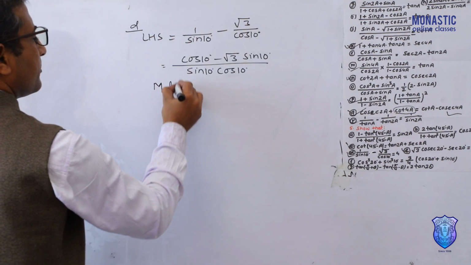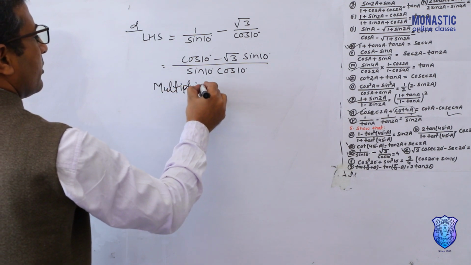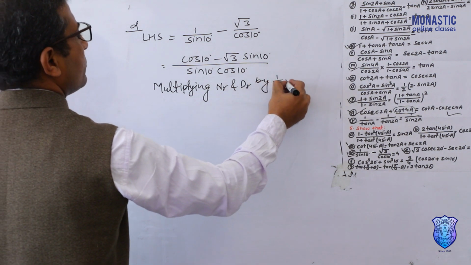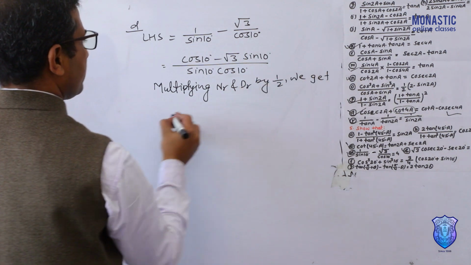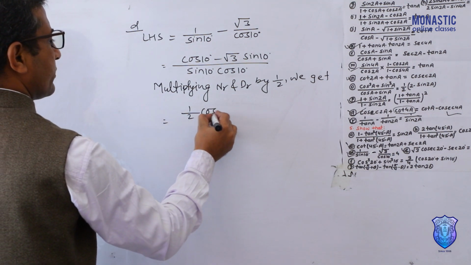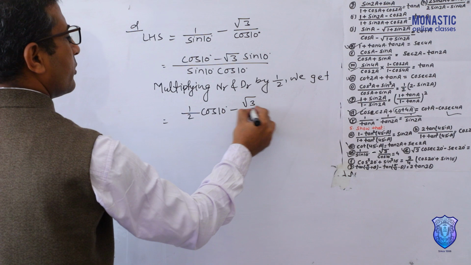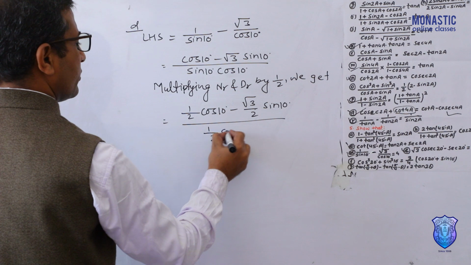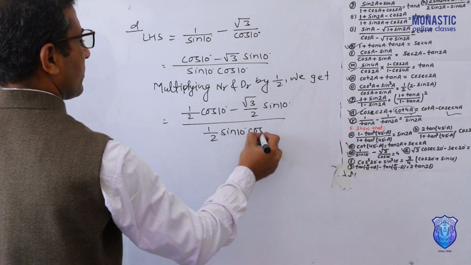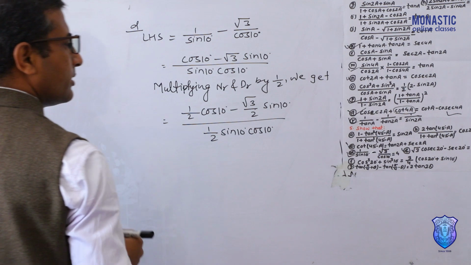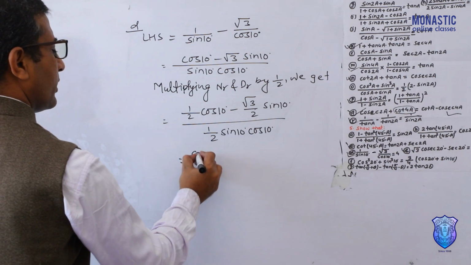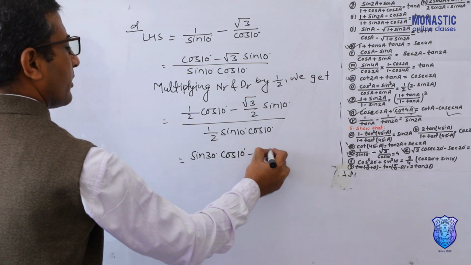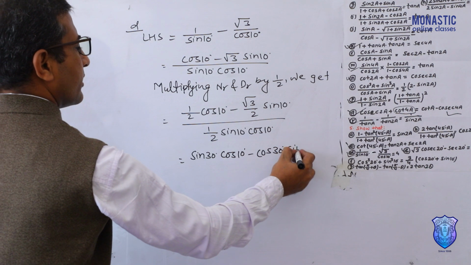Multiplying numerator and denominator by 1 by 2, we get 1 by 2 cos 10 minus root 3 by 2 sin 10 over 1 by 2 sin 10 cos 10. We want to arrange all these in formula, so we can write 1 by 2 as sin 30 with cos 10, and root 3 by 2 as cos 30 with sin 10.